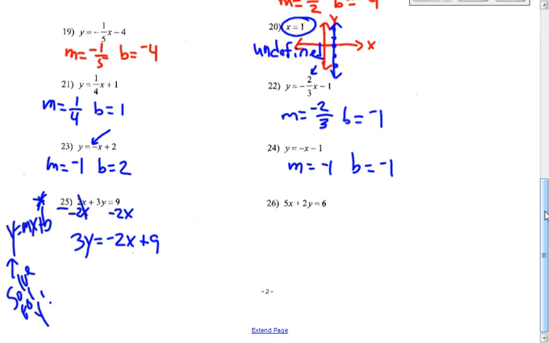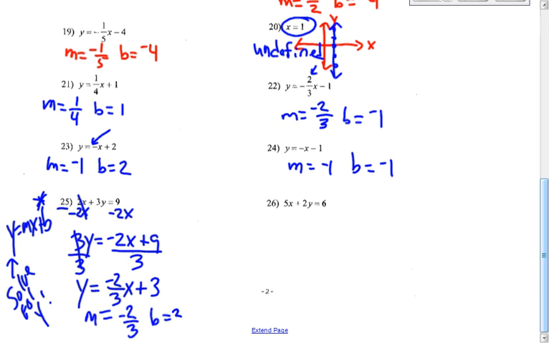So I want it to be in y equals mx plus b format. To get y alone, I have one more step. I divide by 3. So now I have y equals negative 2 over 3 x plus, and 3 goes into 9 3 times. Now I could state the slope, which is negative 2/3, and the y-intercept, which is 3.